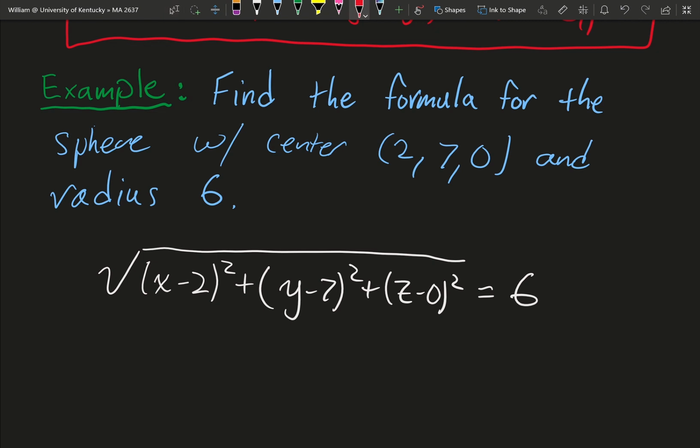And if I want to write it in a more familiar form, I would square both sides, do a little bit of simplification, and get this.